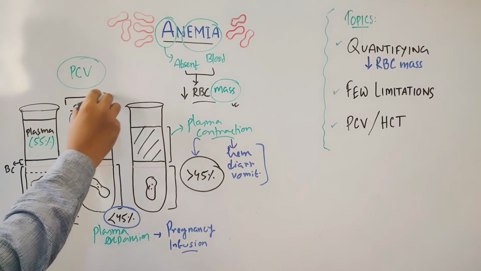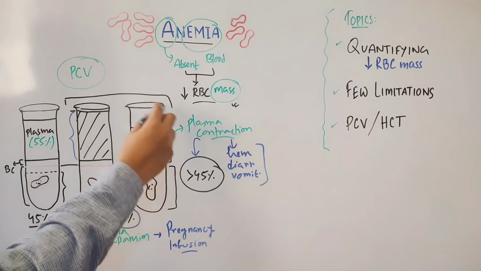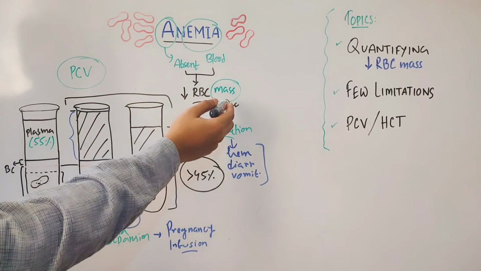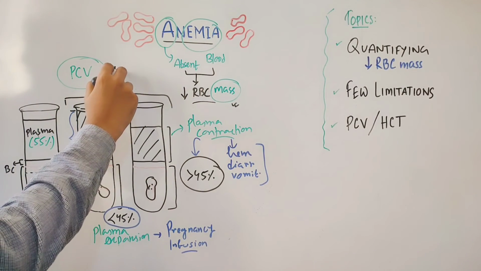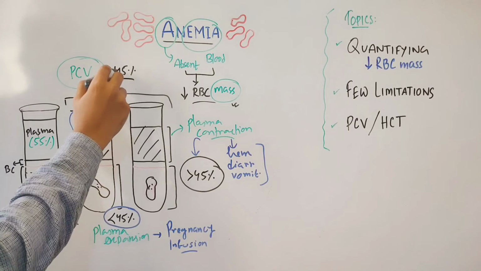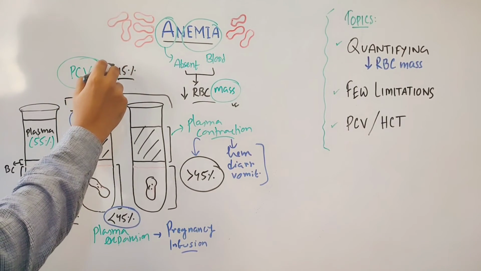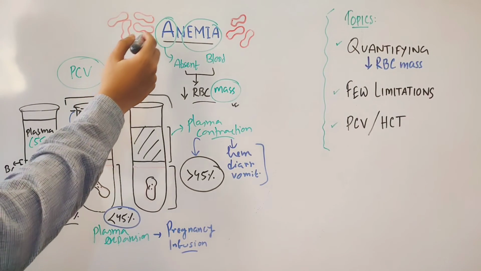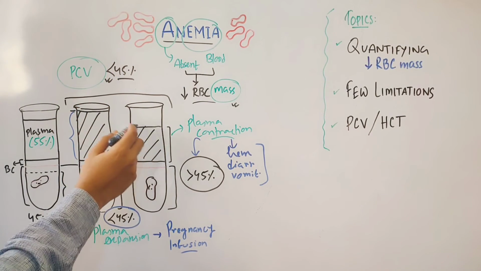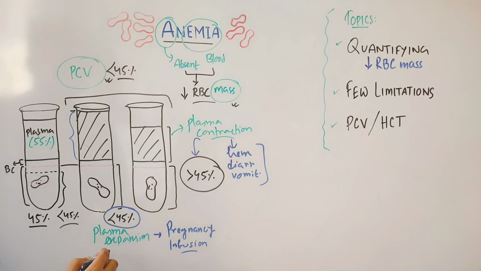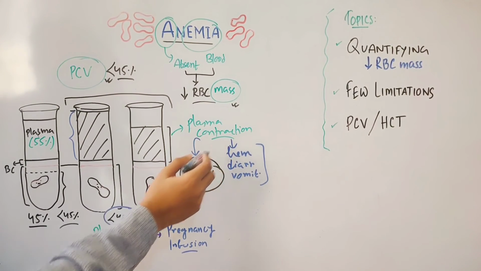So these two are the limitations that we will have to think about when we are measuring our RBC mass using the value of PCV that is normally 45%. So when the PCV value is less than 45%, we can say there is anemia, obviously if there are no such conditions as plasma expansion or plasma contraction.